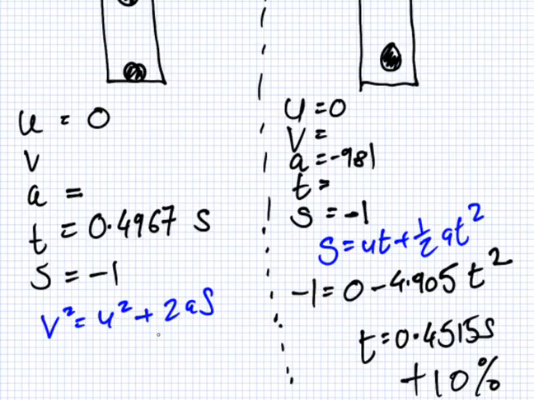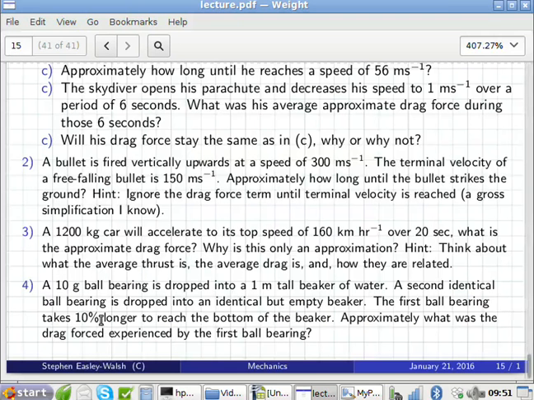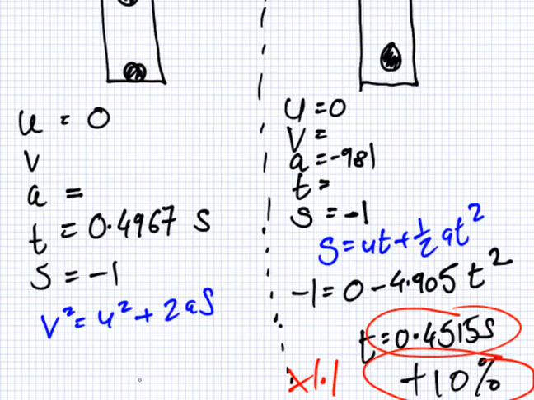Let's get the A. V squared equals U squared plus 2AS. T is 1.1. Yep.